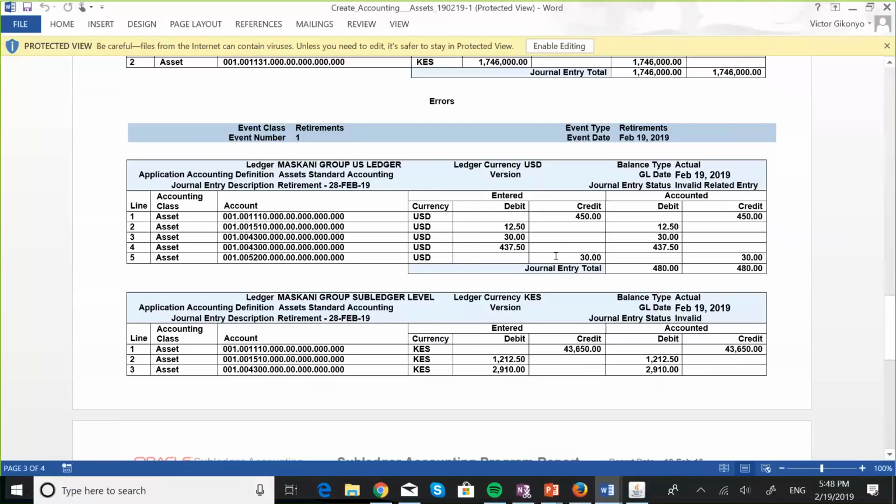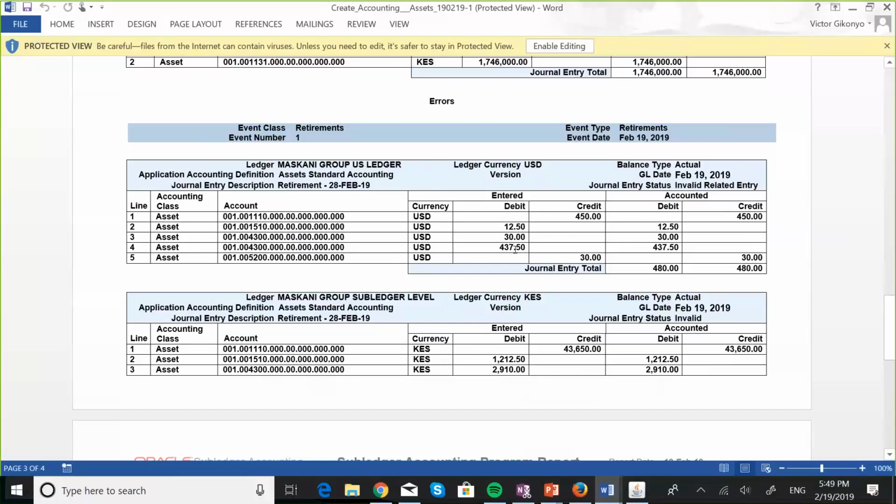And then we have a gain and loss account here, 4300, being debited to cancel out this cost of removal clearing. Remember, we entered $30, so these two cancel. We also have another entry that goes to our gain and loss account, this 4300, for 437.50.